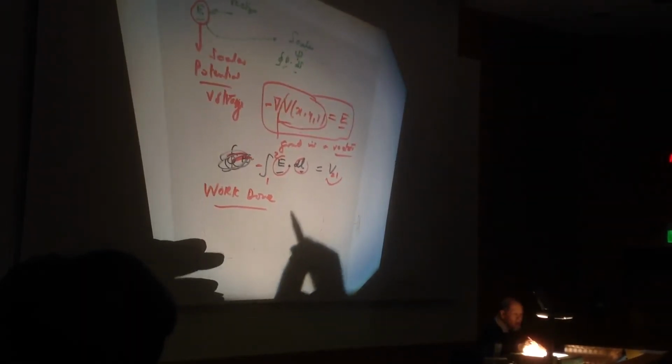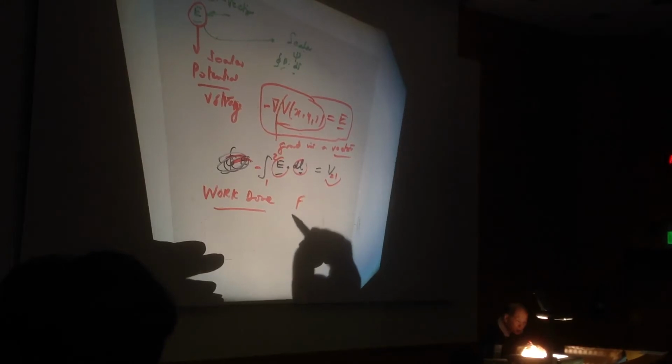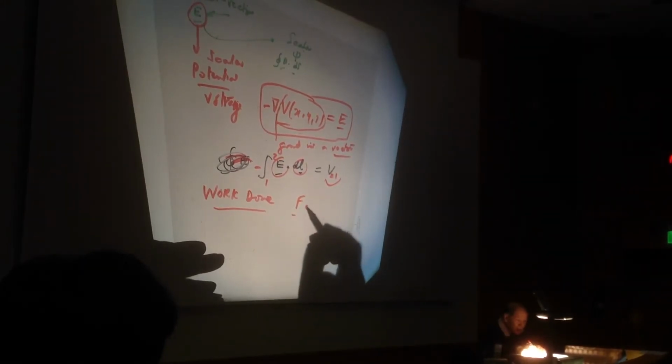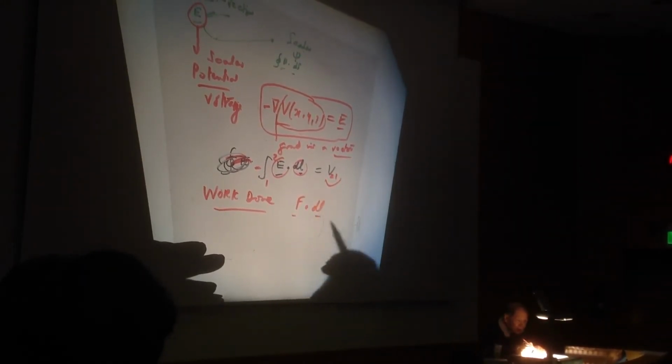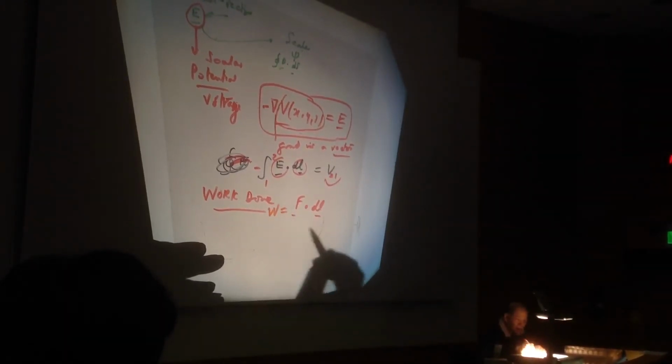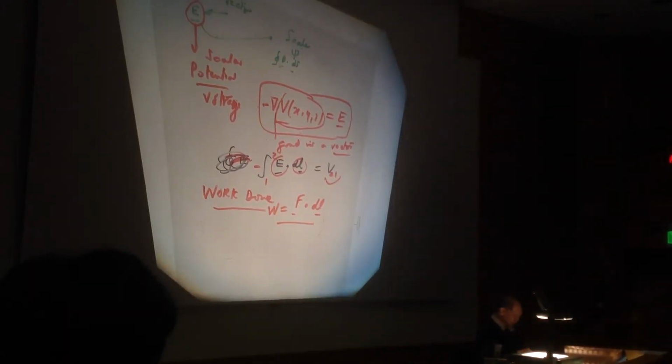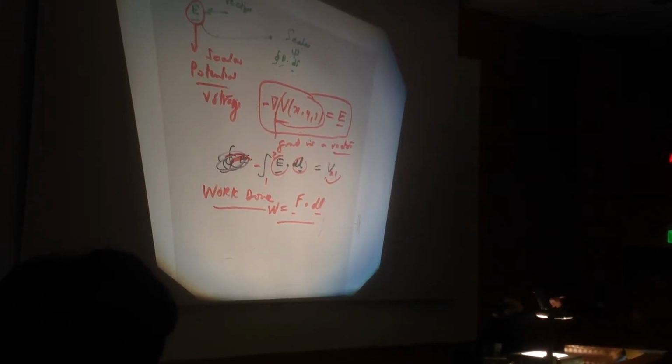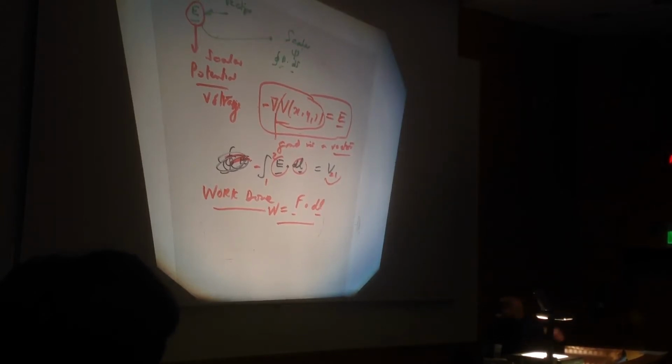Work done, in the scientific sense, is force, a vector, multiplied by dl, element of path, which gives you the work done. For example, if I walk up the stairs, gravity is pulling me down, my weight is mg, the height of the stairs is h, the work done is mgh.